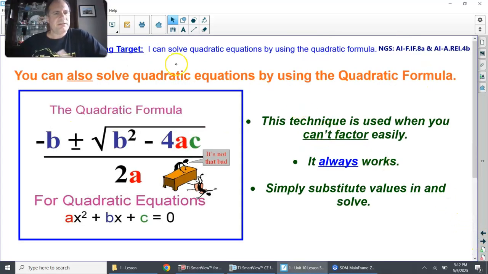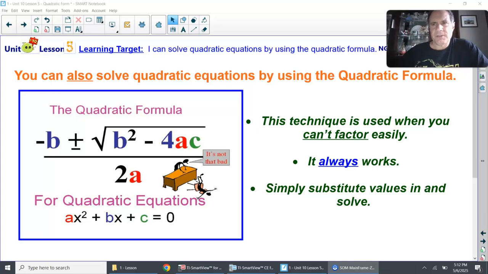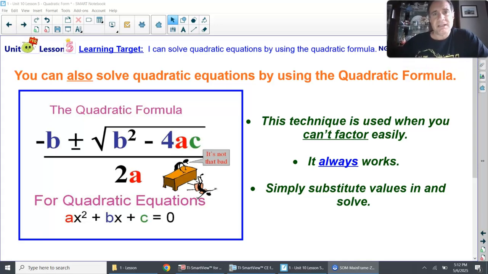Okay, so here is the quadratic formula, and the quadratic formula is used to find the roots of the parabola, the quadratic. It always works, so it's awesome. This technique is really used for when you can't factor easily, when you have an a, the coefficient before the x squared, that is something like 3 or 4.